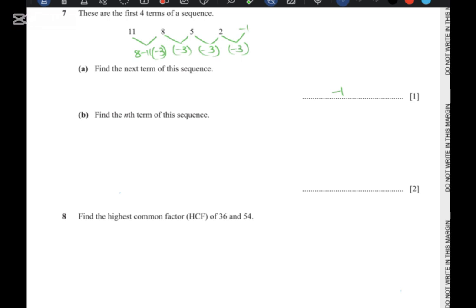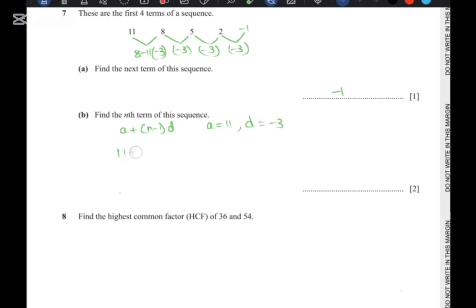Then question B, find the nth term of this sequence. When the common difference is the same, it's an arithmetic progression. So you have to use the rule a plus n minus 1 into d. Here a is the first term, which is 11, and d is the common difference, which is minus 3.